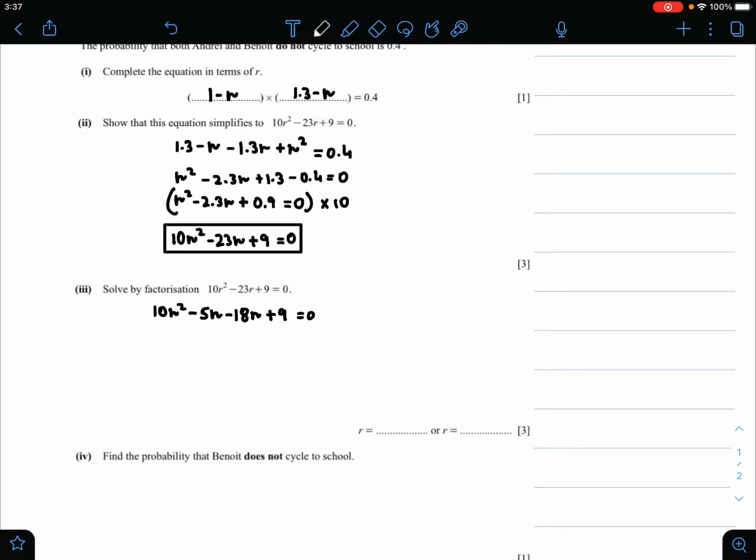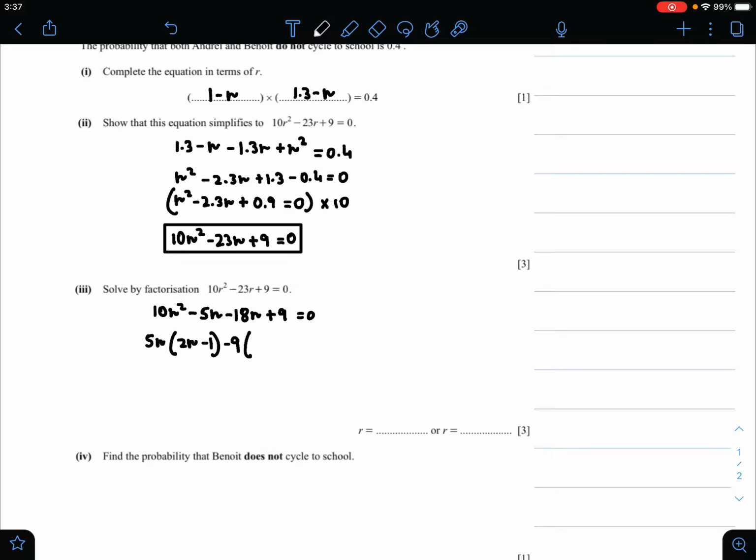So now we can remove what is common between the first two terms, that is 5R. So 10R square divided by 5R is equal to 2R. Negative 5R divided by 5R is equal to negative 1. Now we can remove what is common between the second two terms as well. So negative 18R and 9. So negative 9, my bad, because you want to get the brackets to be the same, that is 2R minus 1.